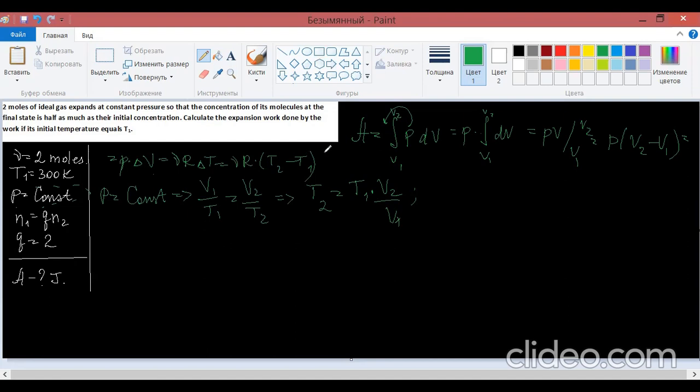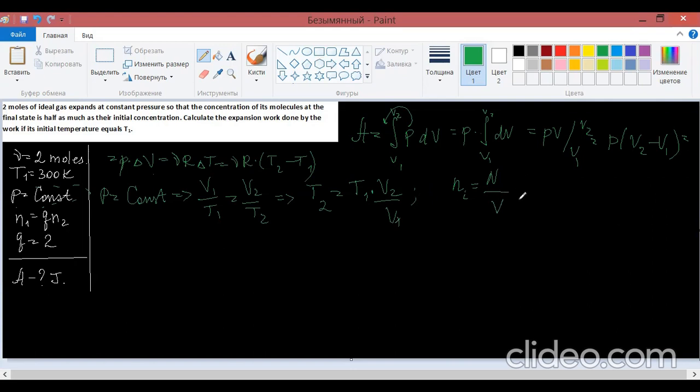The concentration. The thing is that the concentration of molecules can be calculated as the number of molecules in a particular volume.